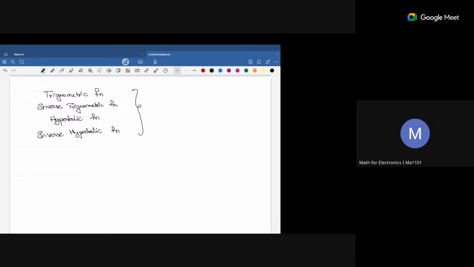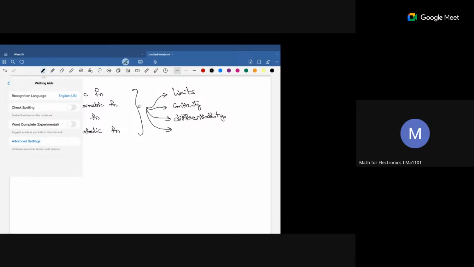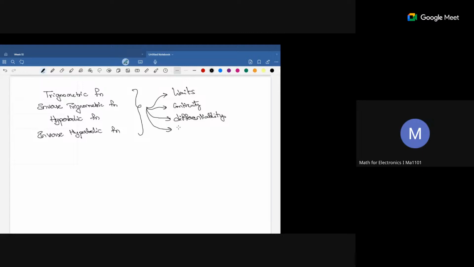After looking into these four types of functions, we applied our calculus knowledge to them. We tried to solve some problems on limits, continuity, but we didn't focus much on continuity. The most important parts are differentiability and integration.